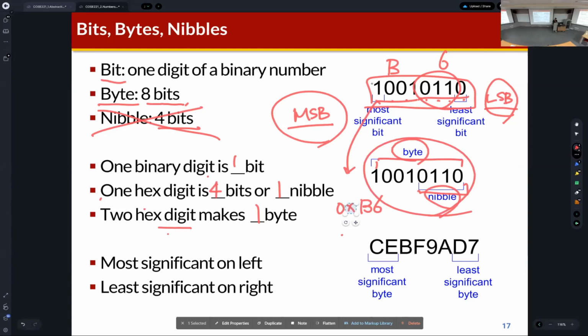This is 1 byte of data, and if we use 2 digits of hexadecimal number, then the size of this data is equivalent to 1 byte. So 2 hexadecimal digits make 1 byte.